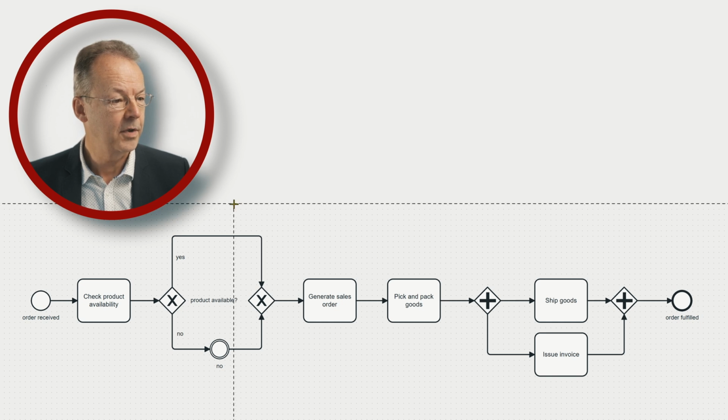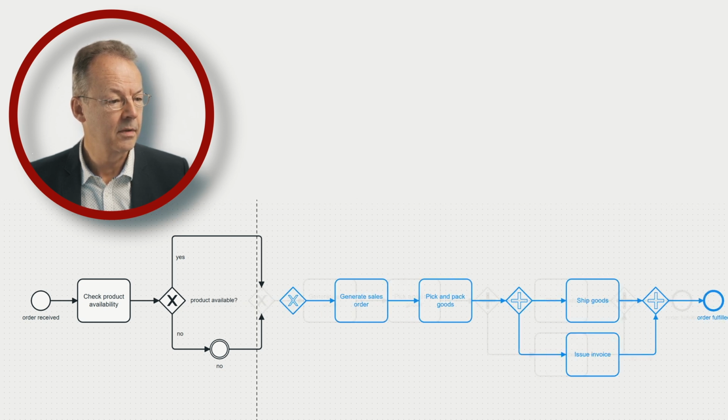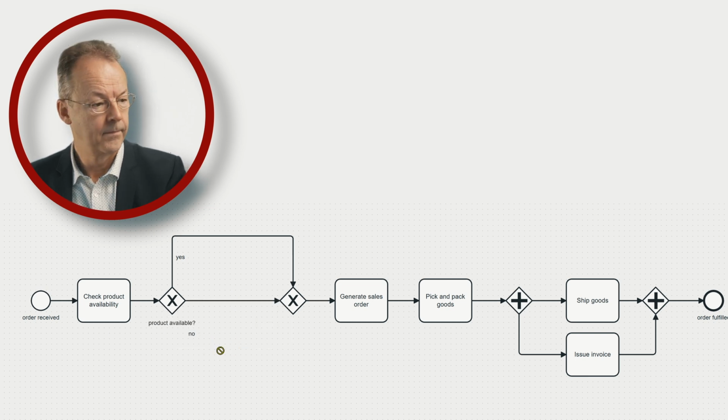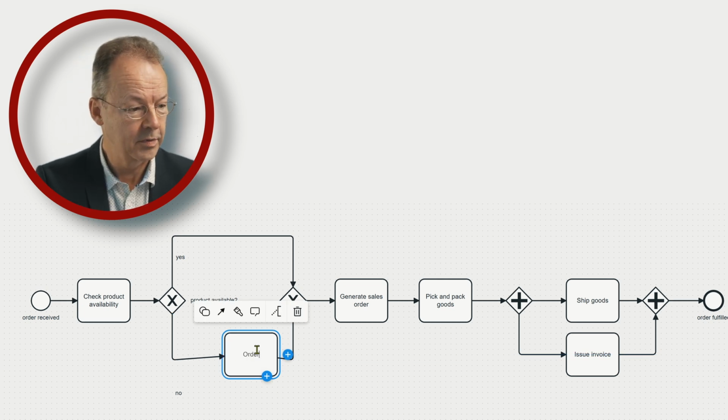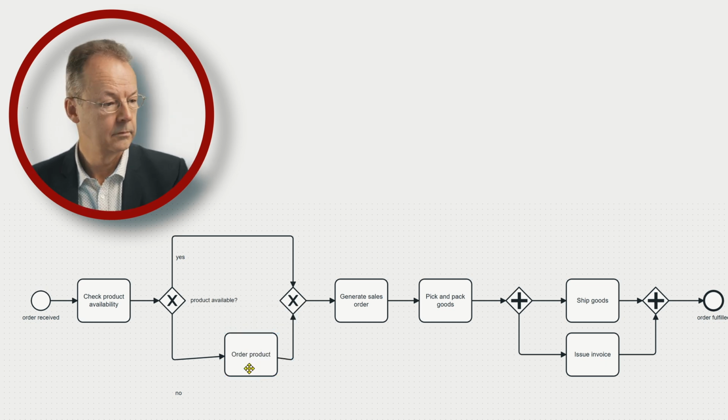And if product is not available, we just insert a task here. For example, order product. And then we're done.